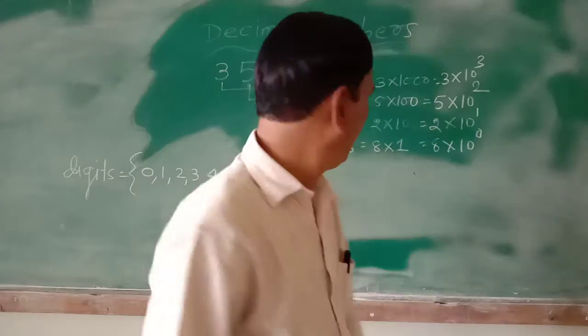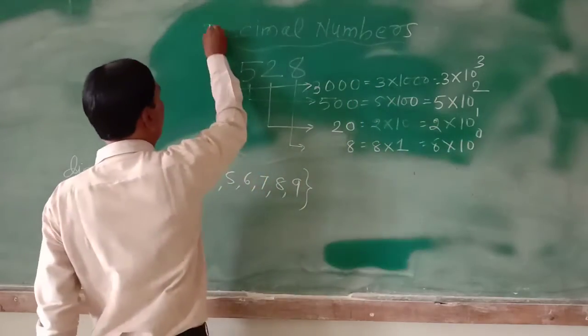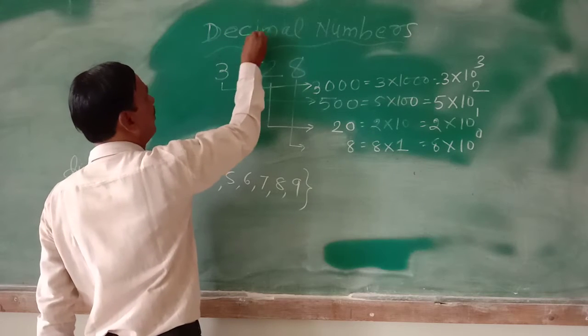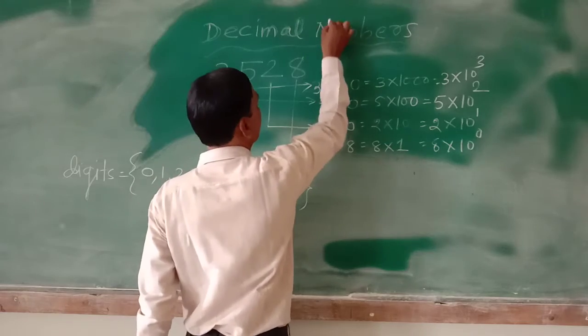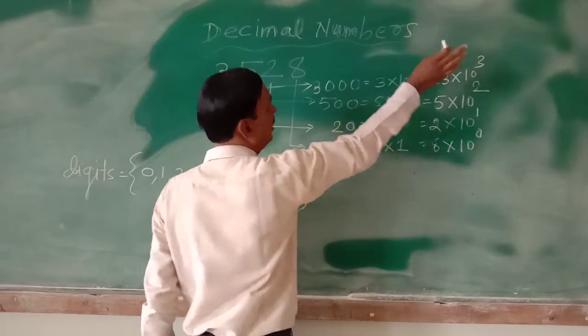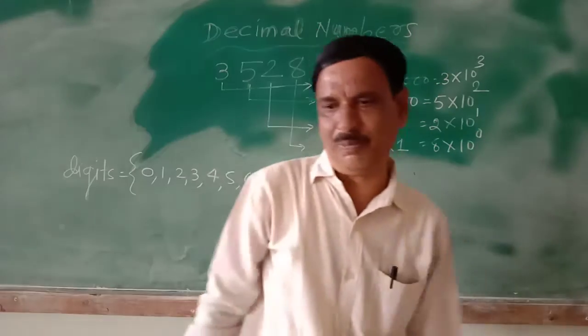And hence, what can we say is the definition of the decimal number system? What exactly do we mean by decimal numbers?